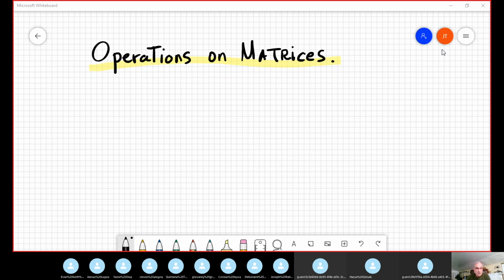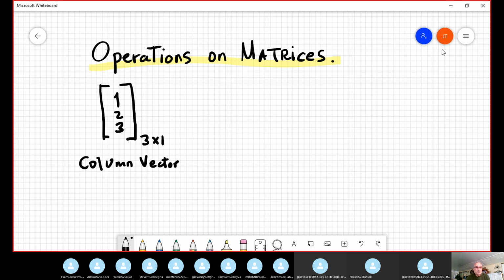Remember, for example, if you have this matrix, 1, 2, 3. This matrix has only one column, 3 rows and 1 column. Normally this matrix is called a column vector. It is a vector when at least one dimension is 1.